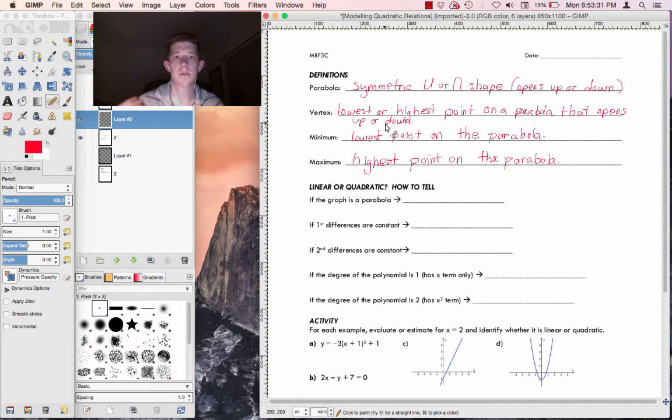So you can see that the vertex is linked with the minimum and maximum. The vertex is the term that encompasses both the minimum and the maximum. All right, so we may ask ourselves, how can I tell if something is linear or quadratic? If the graph is a parabola, it's a quadratic.